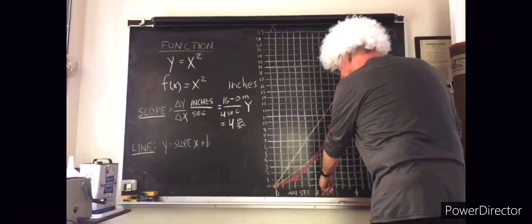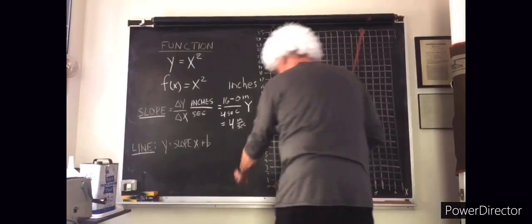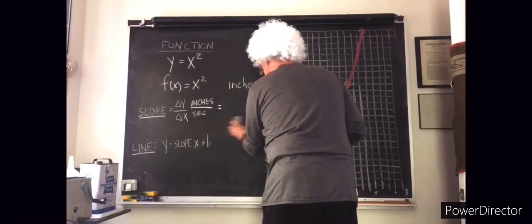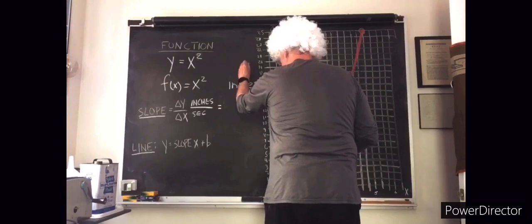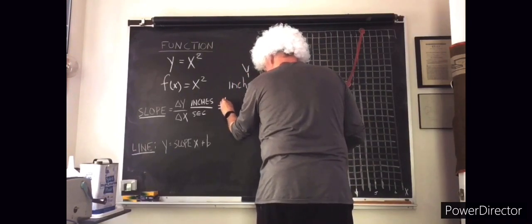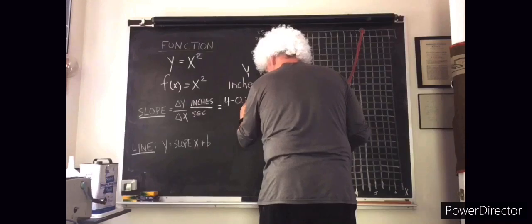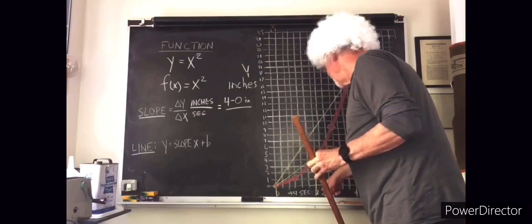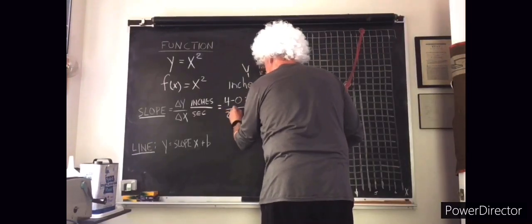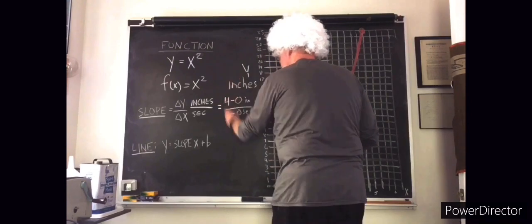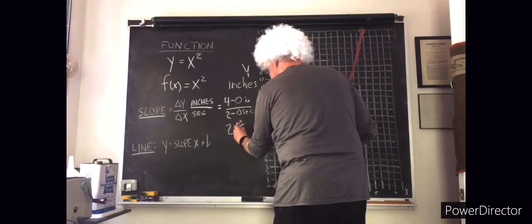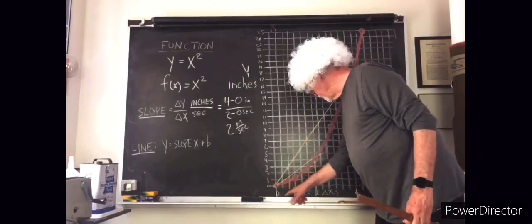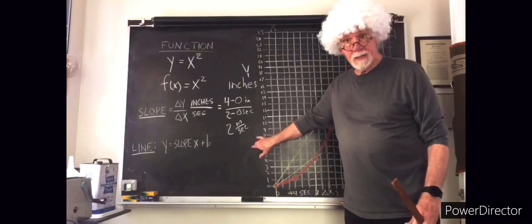And of course the change in y is 4, and the change in x is 2. And that gives us 2 inches per second. So the average speed from 0 to 2 seconds is 2 inches per second.